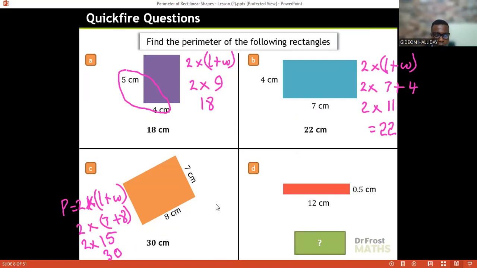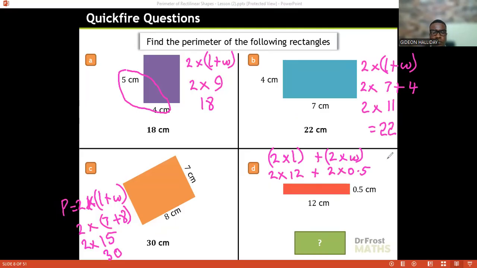This one has a decimal. So we could do this. It's still the same. We could do 2 times L plus 2 times W. So 2 times L is 2 times 12 plus 2 times 0.5. 0.5 is half.